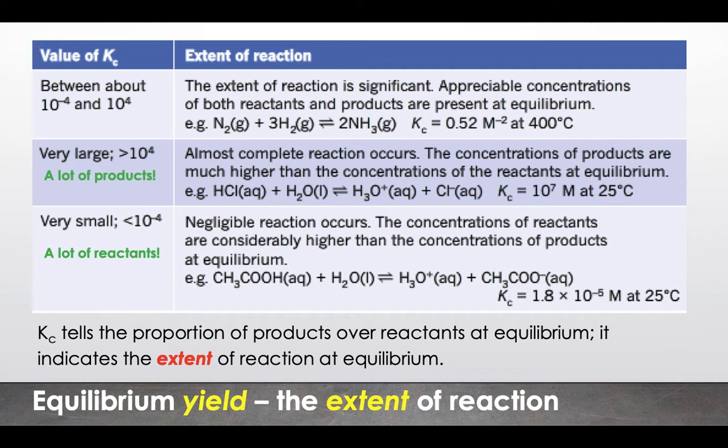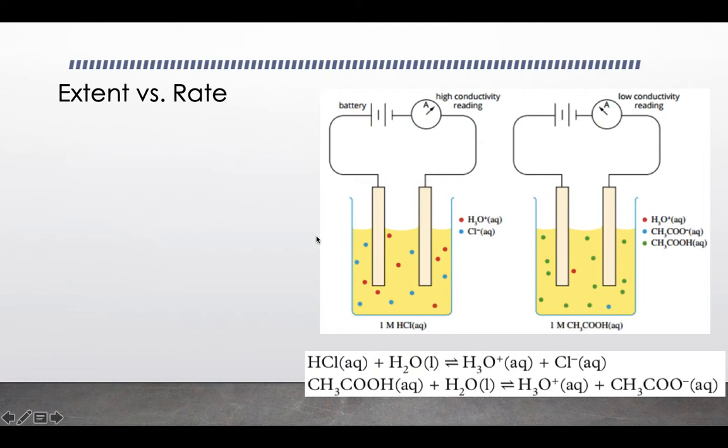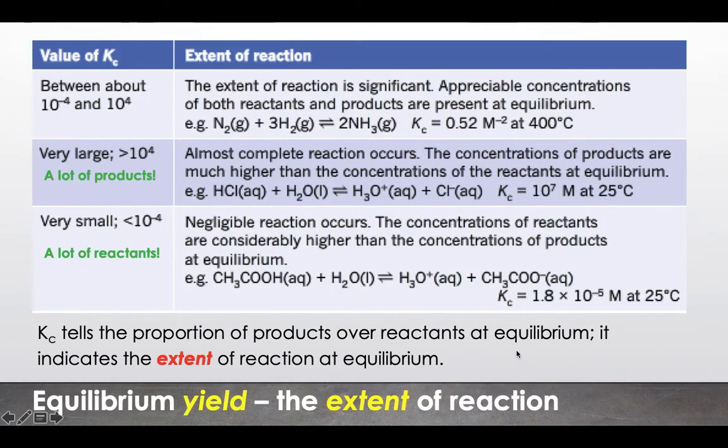We can manipulate through increasing the pressure, increasing the concentration of reactants, or removing products if the product is desired, to make sure the reaction keeps going forward. So those are the real reversible reactions that we can manipulate. Okay, so Kc tells the proportion of products over reactants at equilibrium. It gives an indication of the extent of a reaction when it reaches equilibrium.